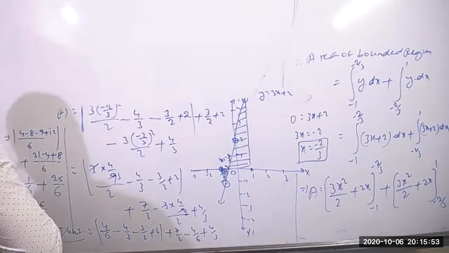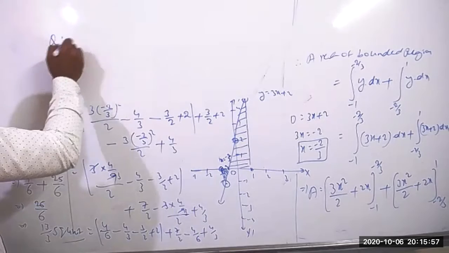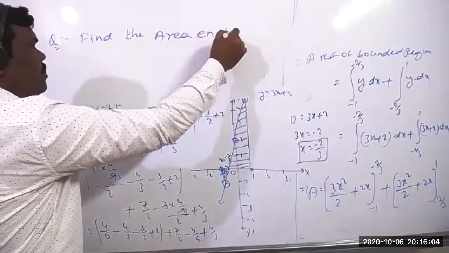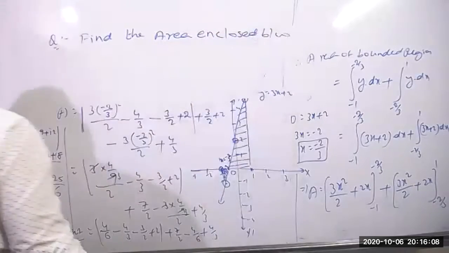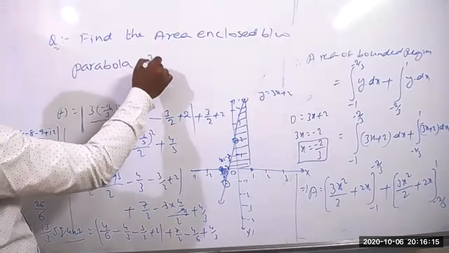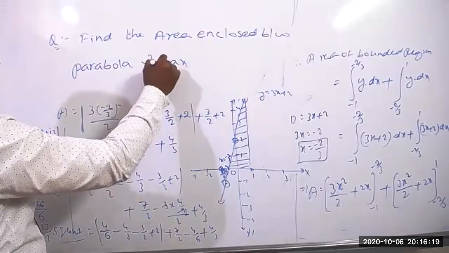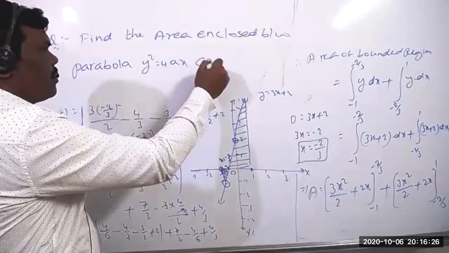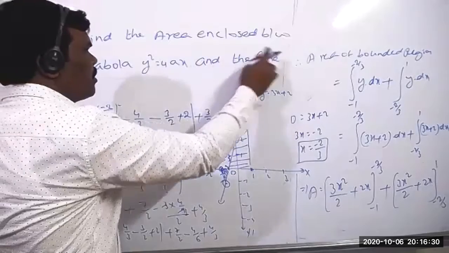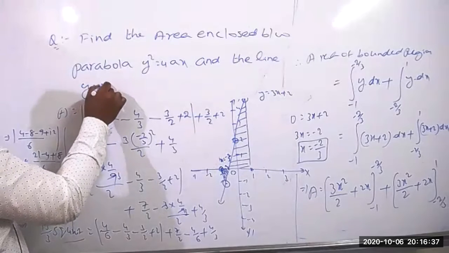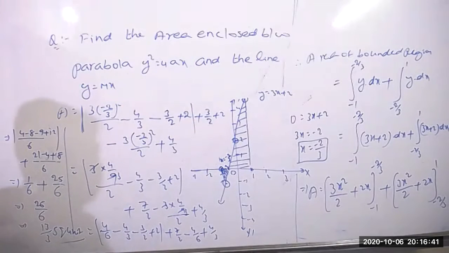Find the area enclosed between the parabola y square equal to 4ax and the line y equal to mx.